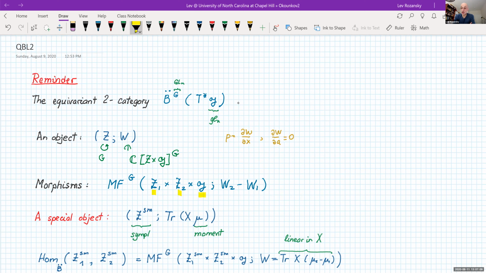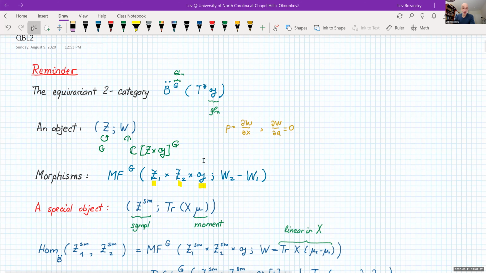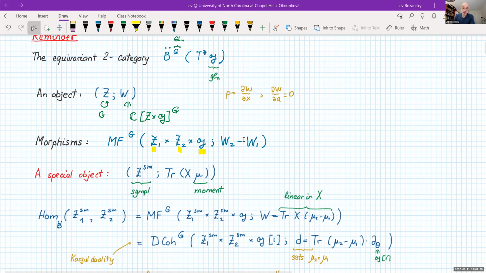The category of matrix factorizations is supported very close to the critical locus of W2 minus W1. So this critical locus corresponds to the product of fibers over the intersection of these Lagrangian subvarieties. So we're following intuition, but with precision when it comes to computing the exact category.